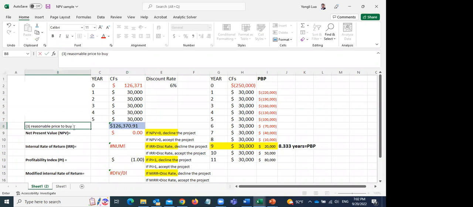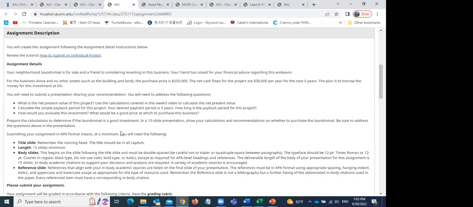So the reasonable price, if you spend only 126,370.91. Okay, how would you evaluate this investment? What would be a good price to purchase, right?